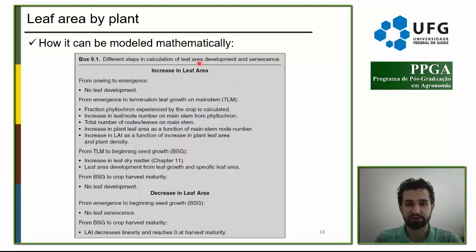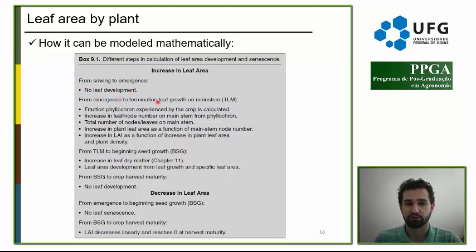We have two different periods: one is an increase in the leaf area and the other is a decrease in the leaf area. The driving variable in this case is the phenology. From sowing to emergence, there is no leaf development.